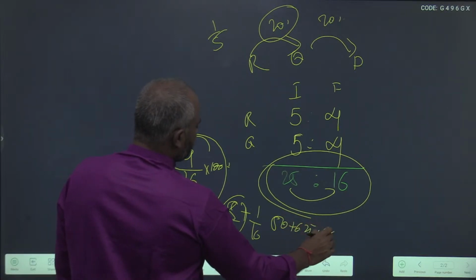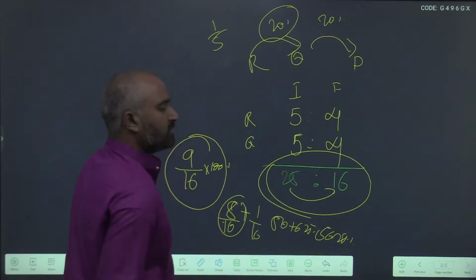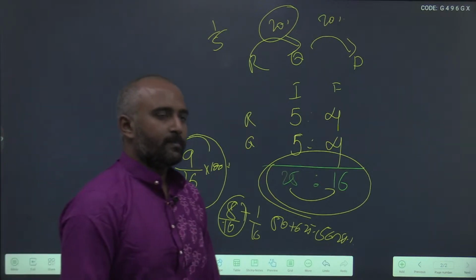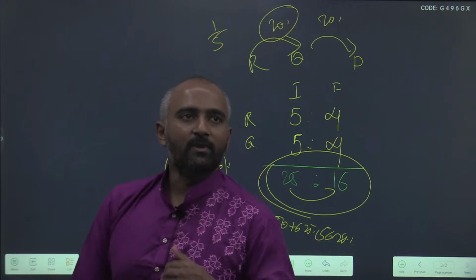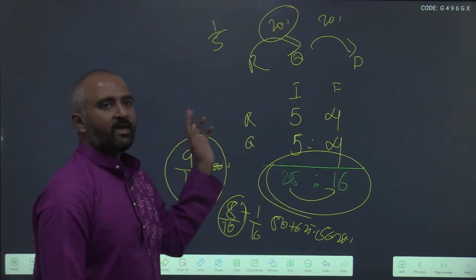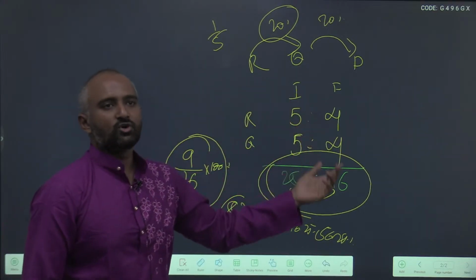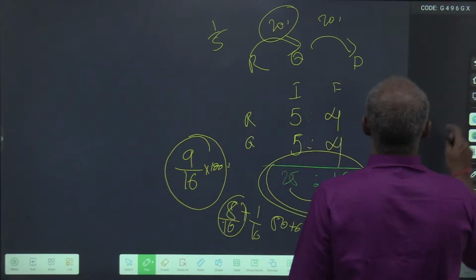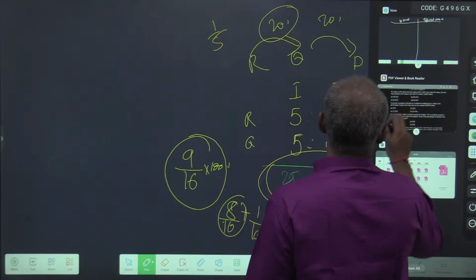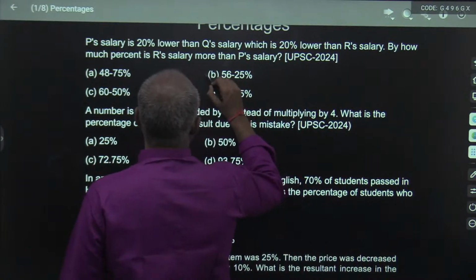So it is 56.25%. This being the first problem, we have seen all the ways, but from now on we will see the normal way, and if there is an efficient way to solve it, we will see that too. So the answer is 56.25%.